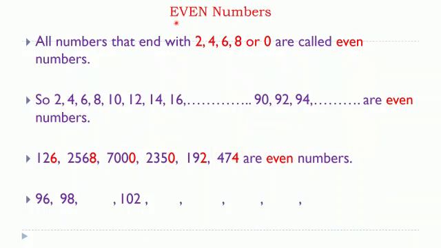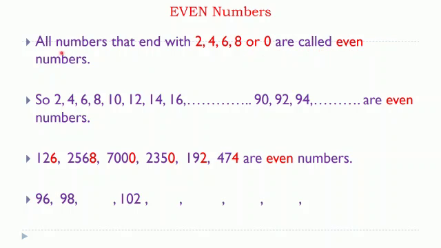Now we will just look at even numbers. Just now we have seen all numbers that end with 2, 4, 6, 8 or 0 are called even numbers.